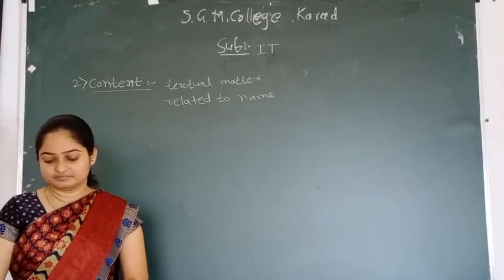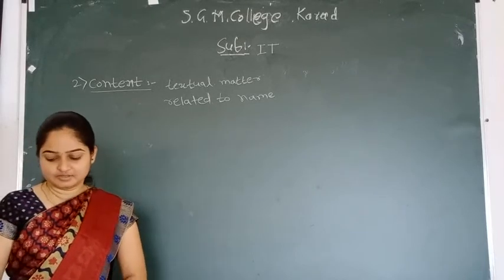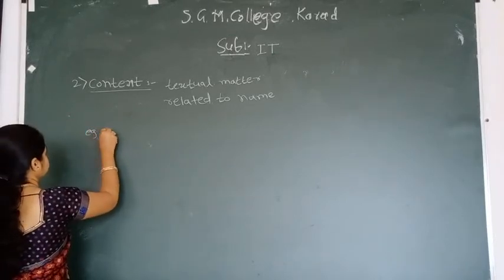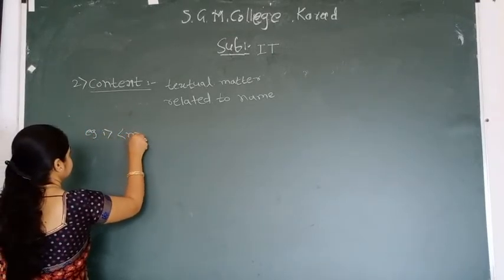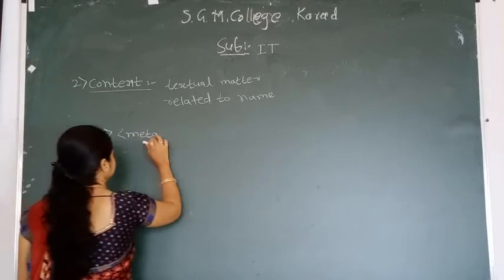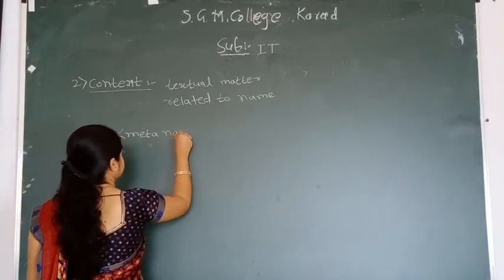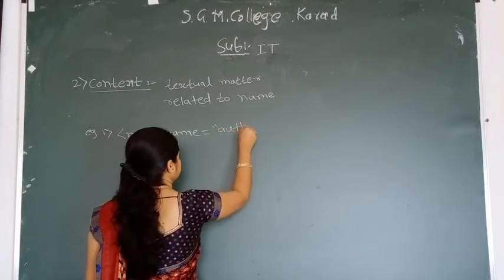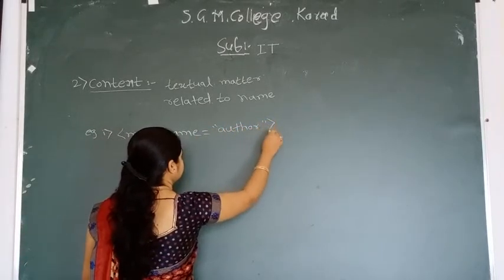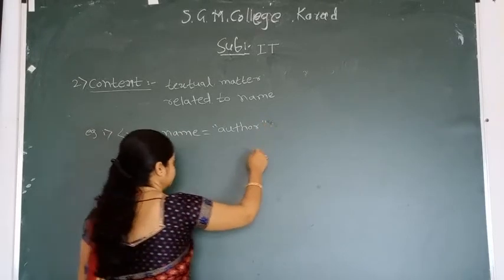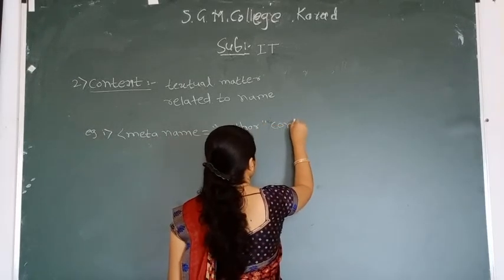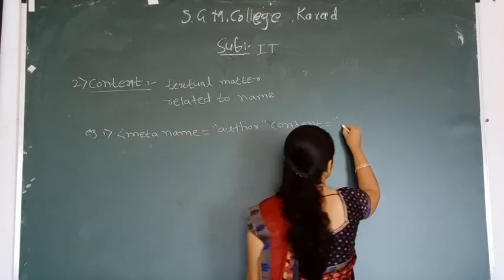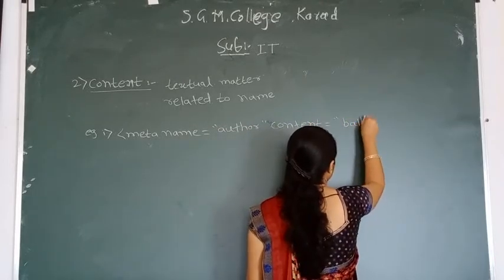For example, meta name is equal to author, content is equal to Balbharti.